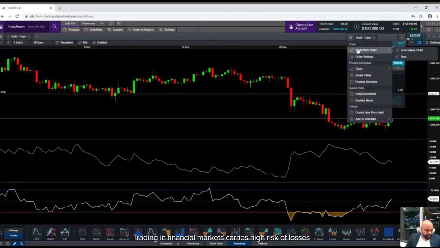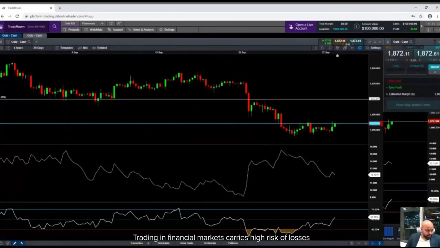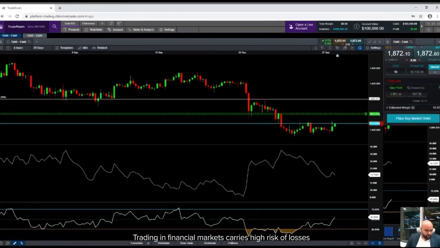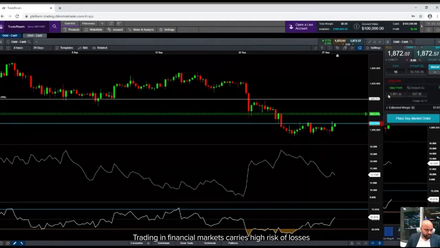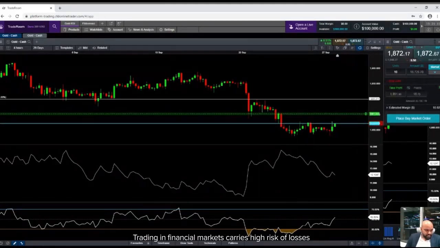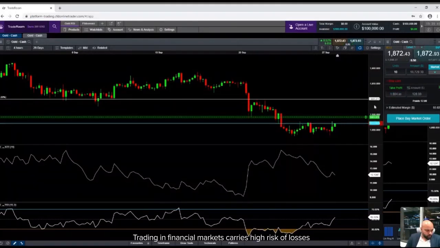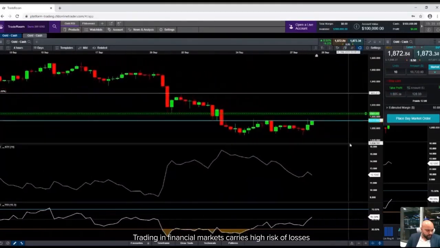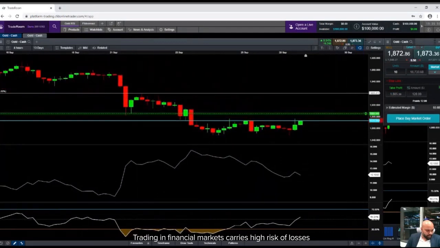Let's take an example of buying gold at the current price. I'm just going to do 10 units, which is about $18,000. I can always set my take profit of $12 on the higher end, so I can expect gold to move up by $12.